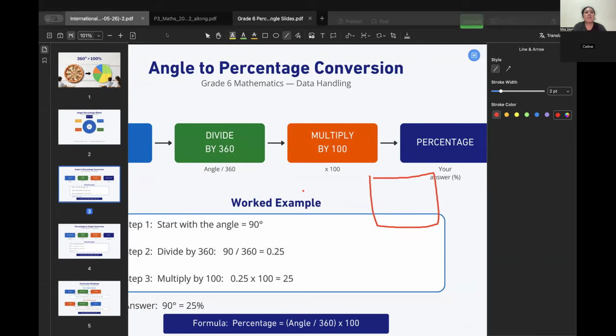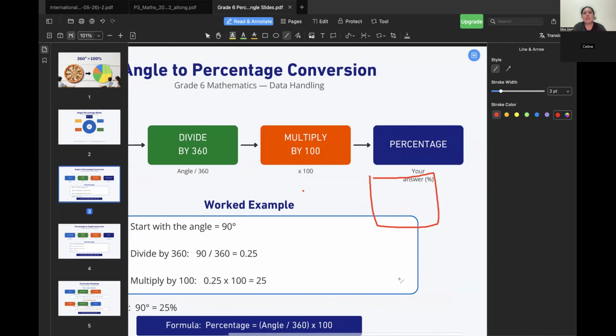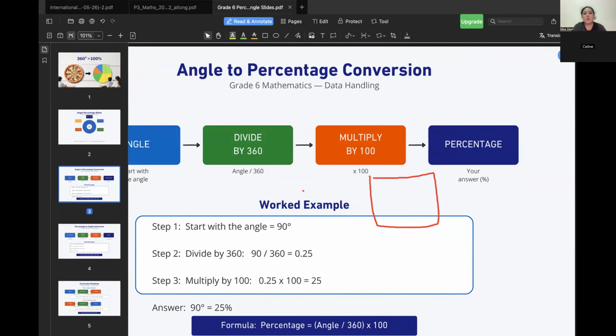Next, after that, you're going to find the percentage. Here you're going to know how many percent the pie chart or the data is. For example, let's say in this case the angle is 90 degrees. So it means the part of the circle could be, let me show you.